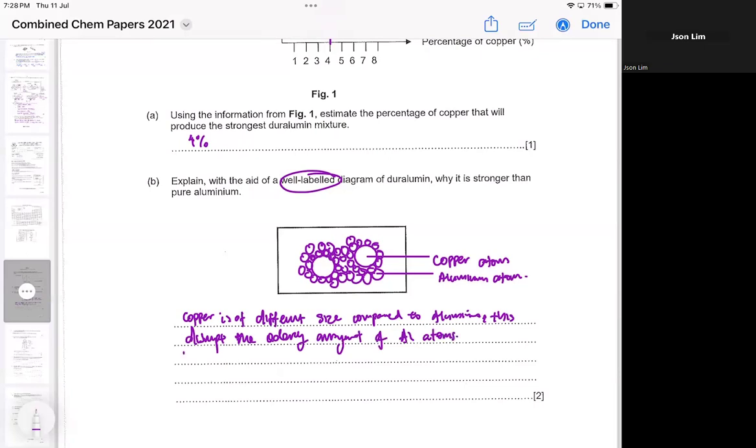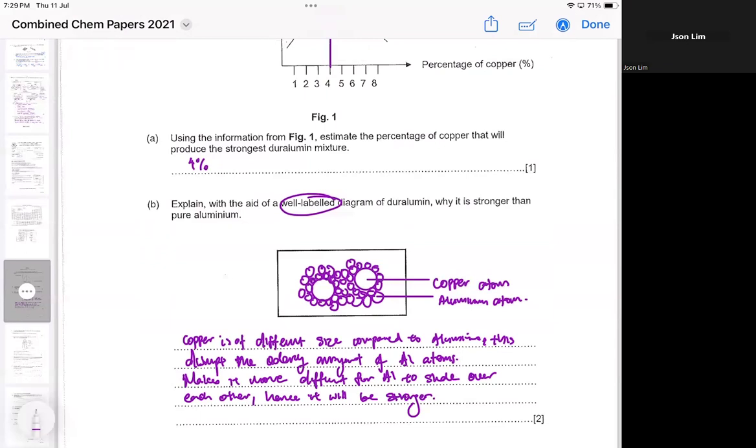Because it disrupts, it makes it more difficult. Because it's harder to slide, hence it will be stronger. I'll leave this here a minute for you all to jot down. Then we'll move to question 2.